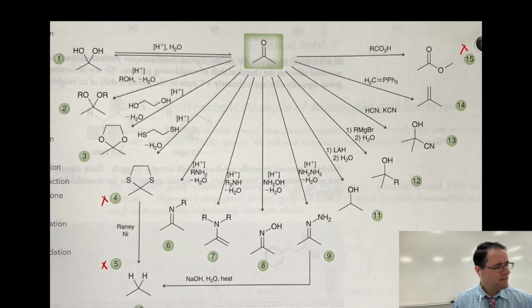Now, in the textbook, they give you lots of different ways of analyzing things, and as usual, their synthetic advice is the same. Step 1, is there any change in the carbon skeleton? Are you adding carbons or removing carbons? If you are, there's only a handful, 3, 4, 5 reactions that we've learned so far that make new carbon-carbon bonds.